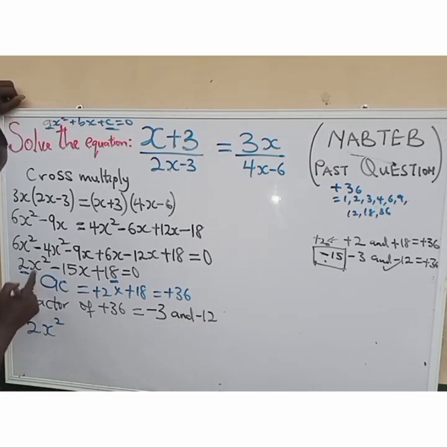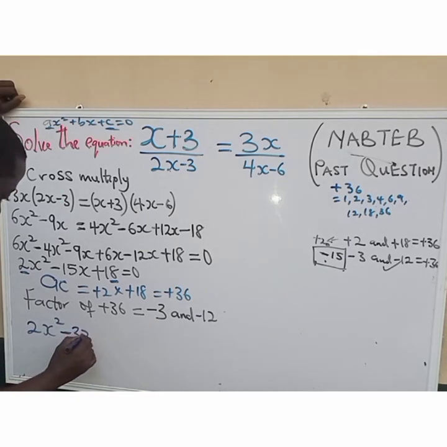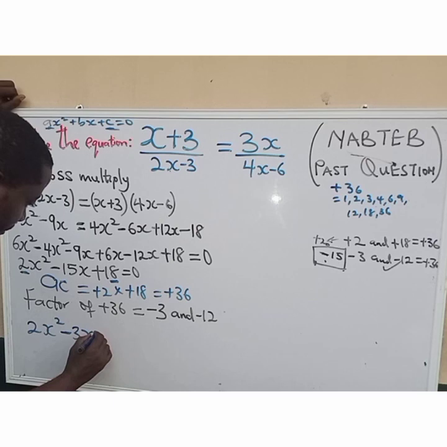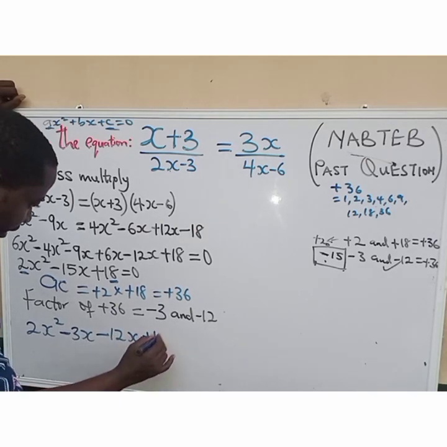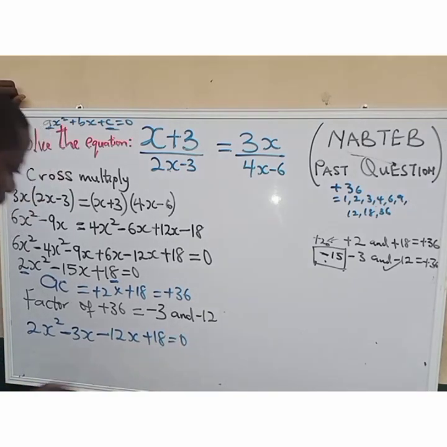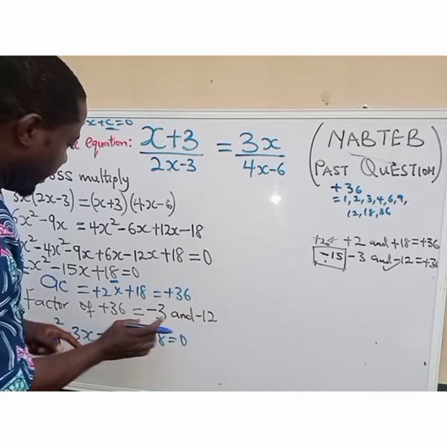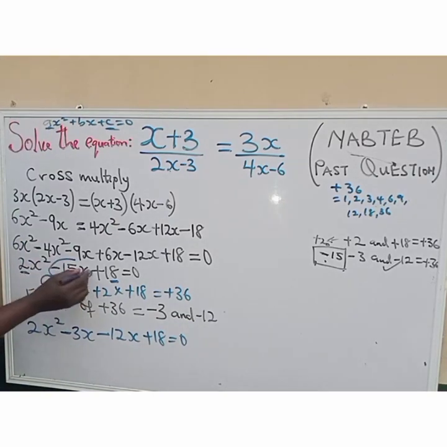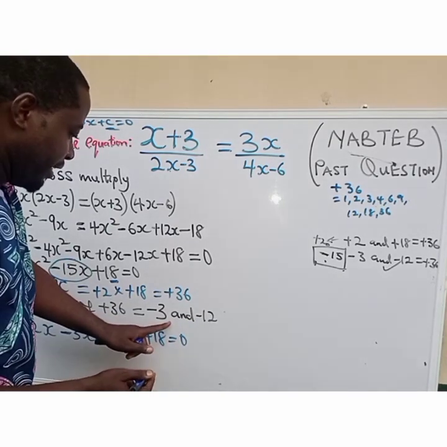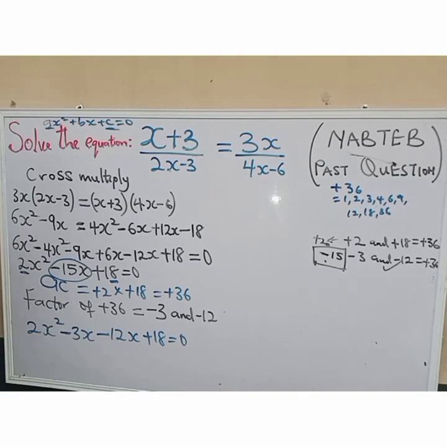In that case, 2x squared minus 3x minus 12x plus 18 equals 0. So what we did here is that we replaced minus 15x with minus 3x and minus 12x.